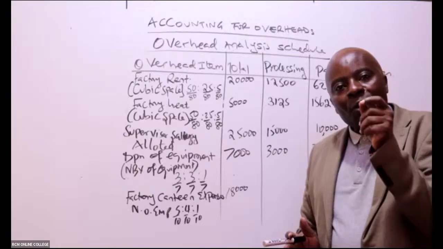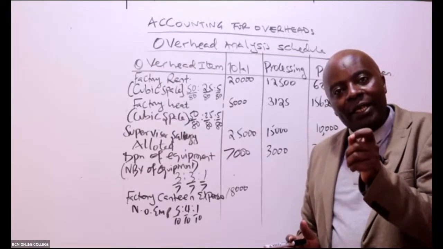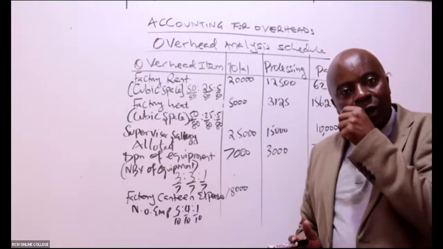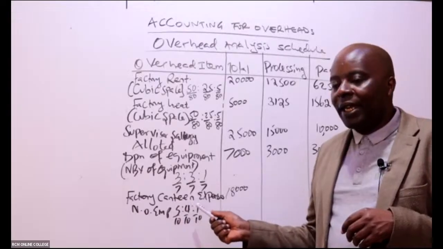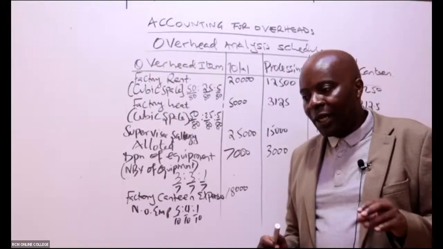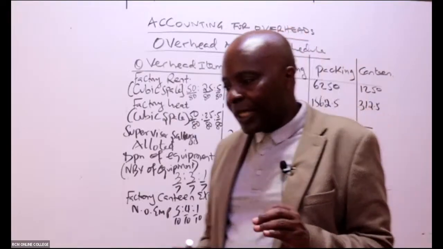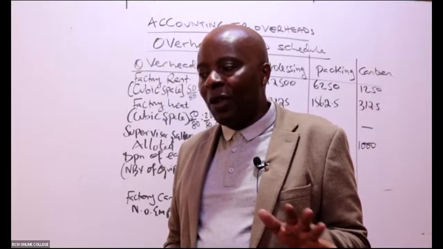People coming from the processing section will come and eat. People coming from the packing division will come and eat. This food is available for everybody, so don't be cheated by the word canteen. It still has to be apportioned. The expense can be incurred in any department, and employees are from every department.